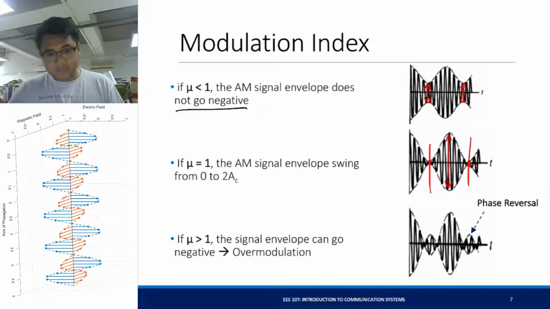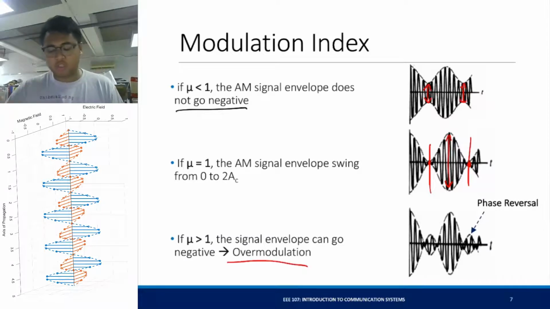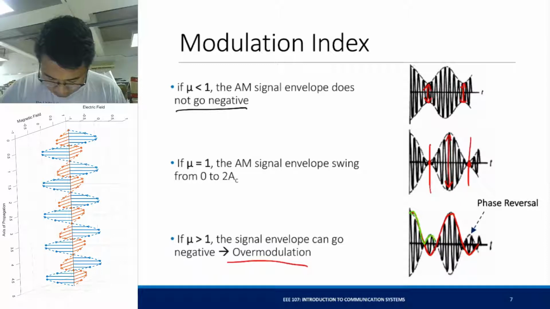Now, if mu is greater than 1 and we want to avoid this, the signal envelope can go negative and you have an overmodulated signal. As you can see, this is your message signal, but if you try to extract the envelope of an overmodulated AM wave, your extracted envelope will look like this.